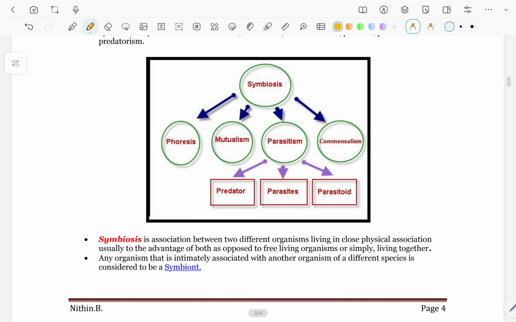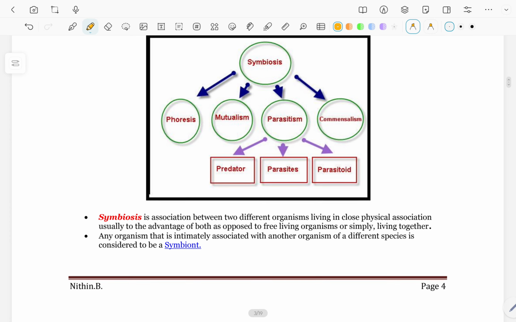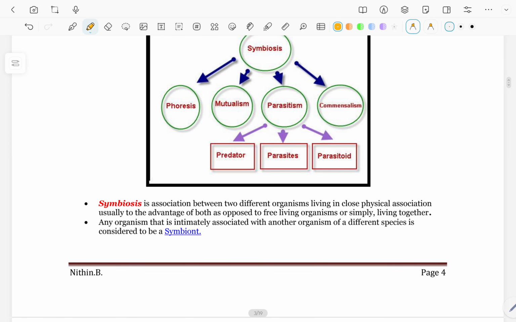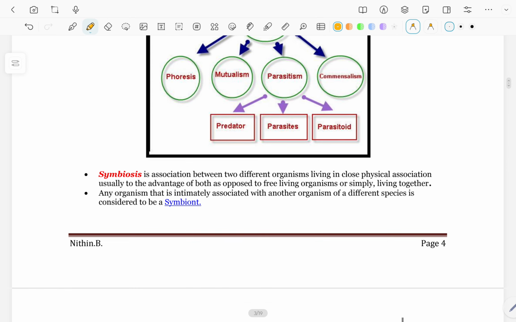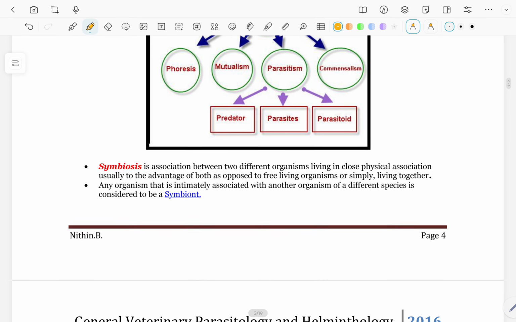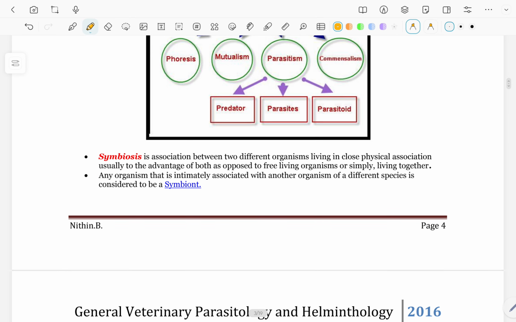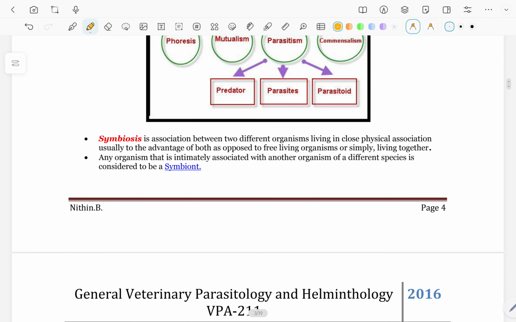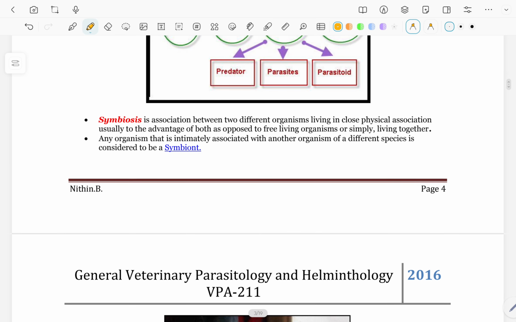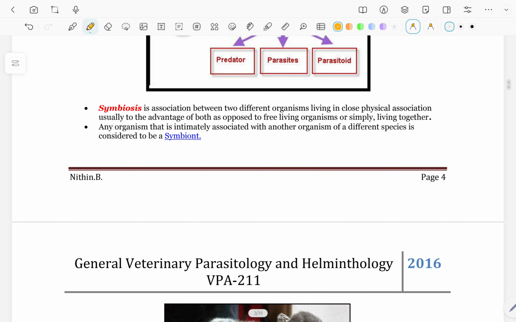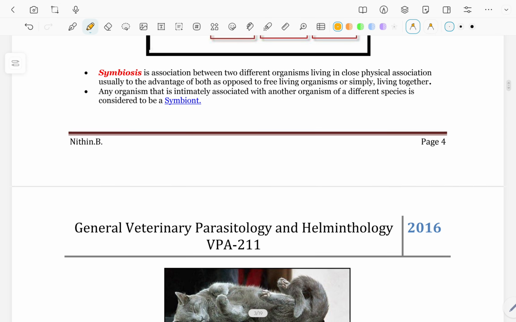Symbiosis is association between two different organisms living in close physical association, usually to the advantage of both as opposed to free living organisms or simply living together. Any organism that is intimately associated with another organism of a different species is considered to be a symbiont.